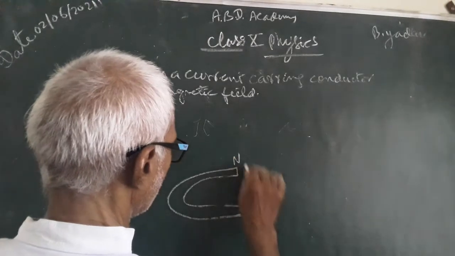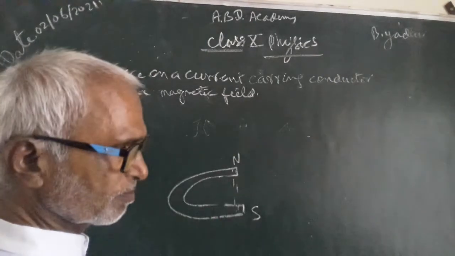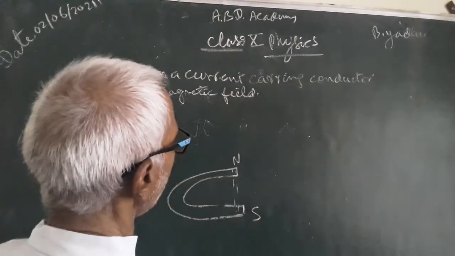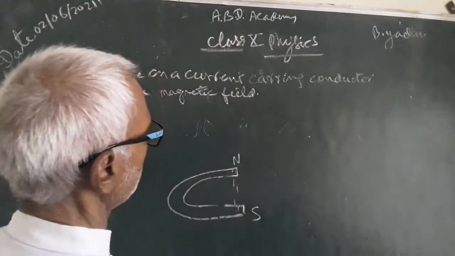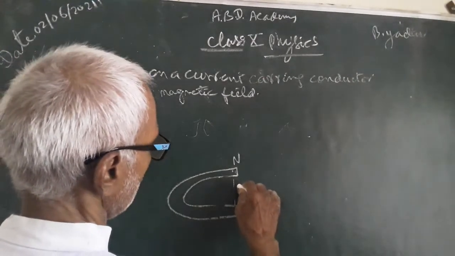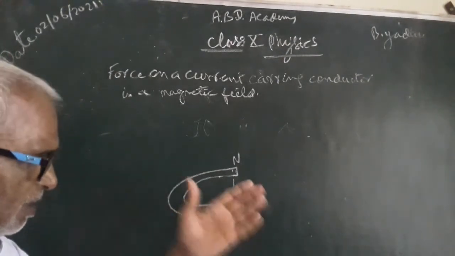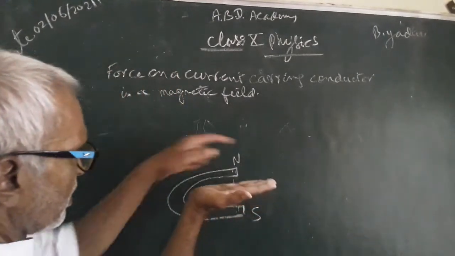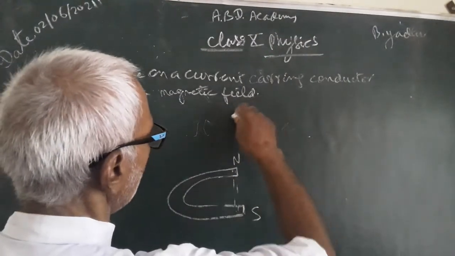So the magnetic direction is this way, and whenever a conductor which is free to move, suppose here is a wire through which current is passing. The magnet is horizontal, north is here, south is here, and the wire is from above.